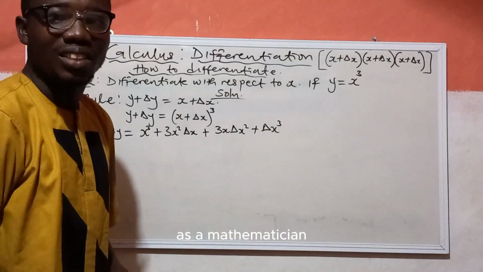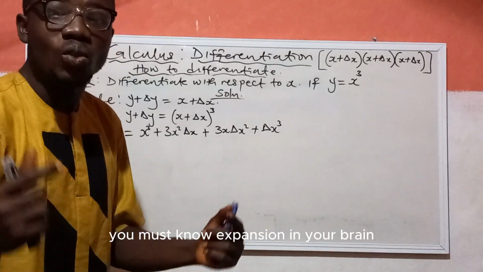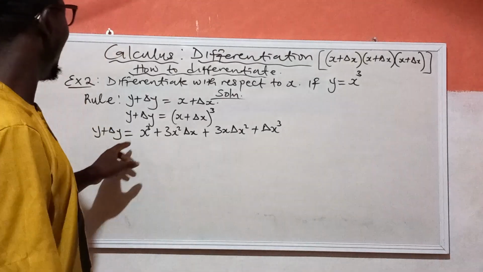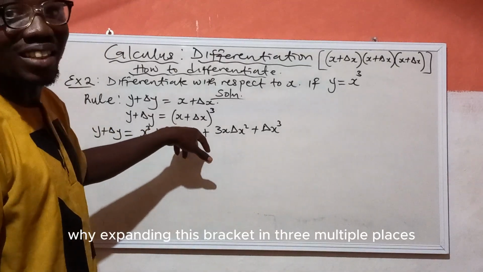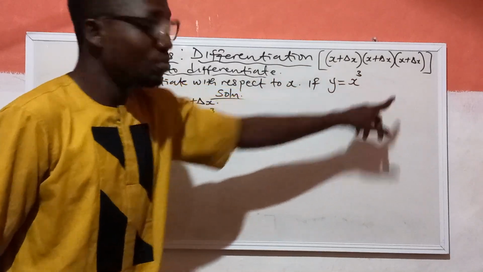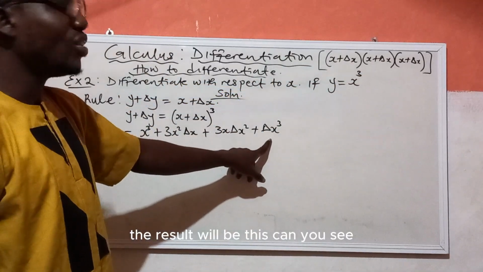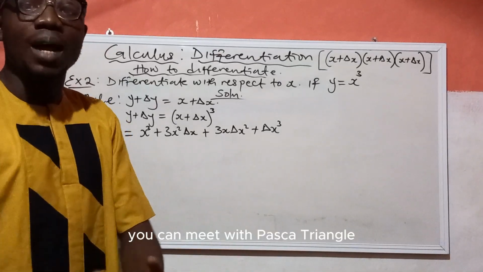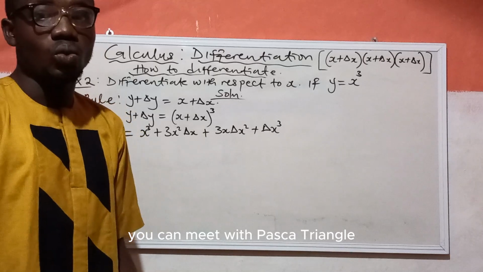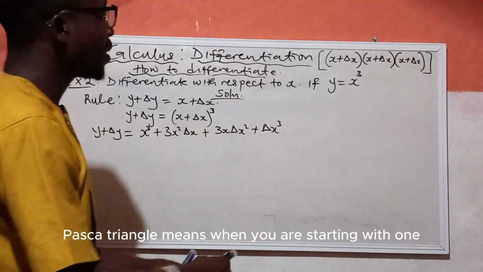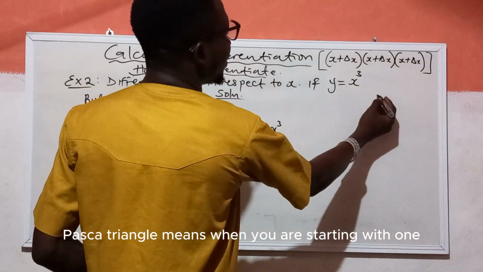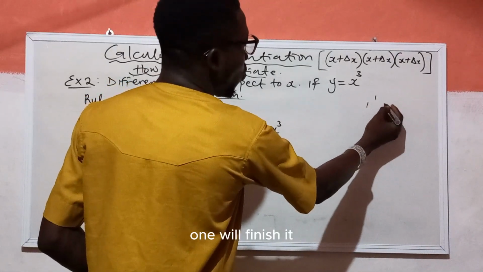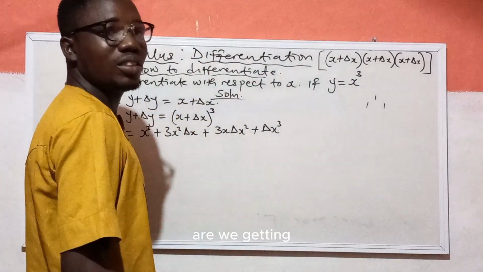As a mathematician, you must know expansion in your brain. Expanding this bracket in 3 places, the result will be this. If you want to learn how to expand fast, you can use Pascal's triangle. Pascal's triangle means you start with 1, then 1 starts and 1 finishes it.